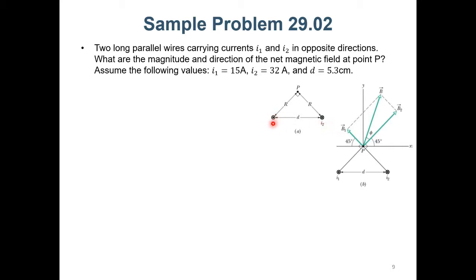So I1 is out of the page, so we can use the right-hand rule to see the magnetic field at point P would be pointing in this direction. And for I2, using the right-hand rule, at point P it should be pointing in that direction.